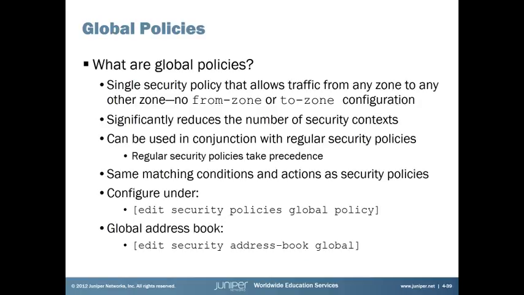Okay, let's look at this concept of global policies. There's a single security policy that allows traffic from any zone to any other zone. So in other words, when you configure it, you don't put from zone to zone. You configure it under the Edit Security Policies global policy.